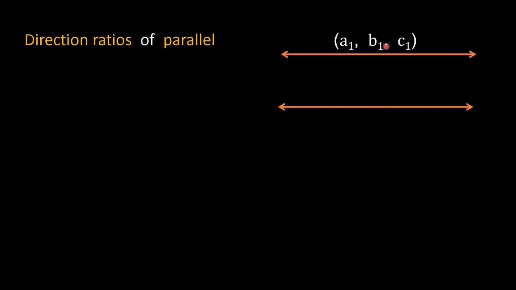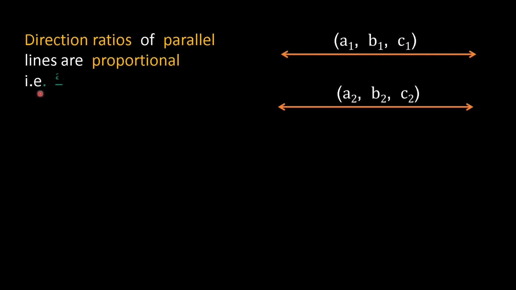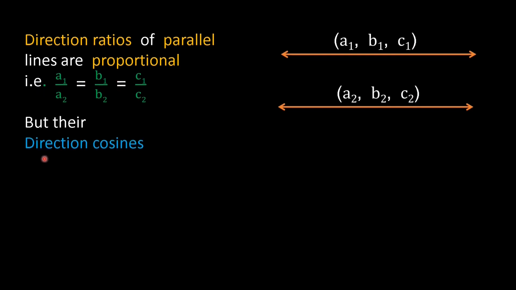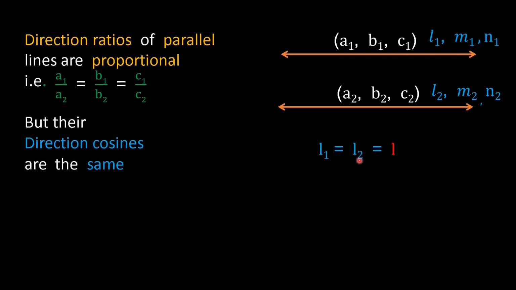Direction ratios of parallel lines a1, b1, c1 and a2, b2, c2 are proportional, that is a1 by a2 equals b1 by b2 equals c1 by c2. But their direction cosines l1, m1, n1 and l2, m2, n2 are the same. That is l1 equals l2 equals l, m1 equals m2 equals m and n1 equals n2 equals n.